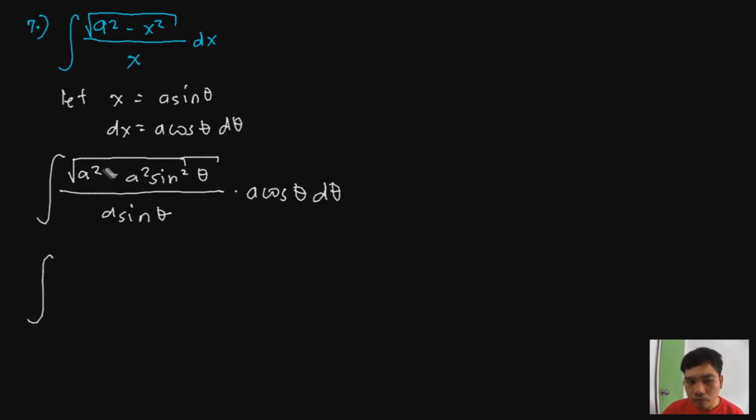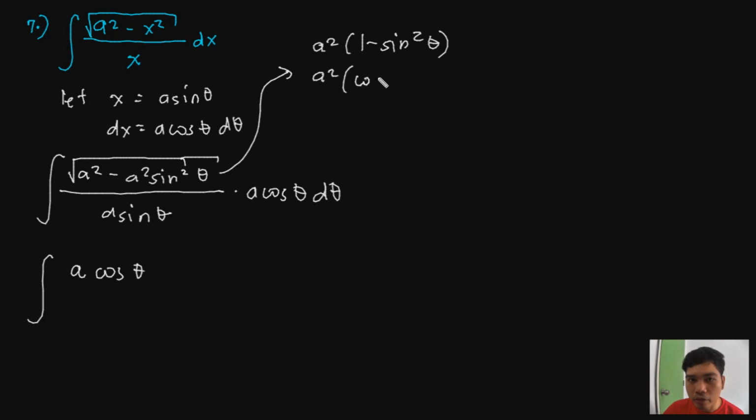And then this becomes a squared times 1 minus sine squared theta, that becomes a squared cosine squared theta.